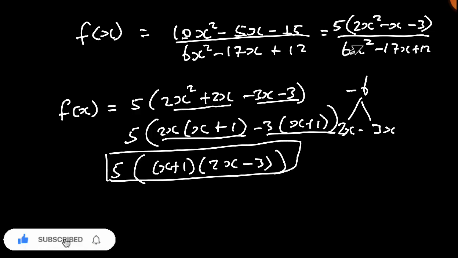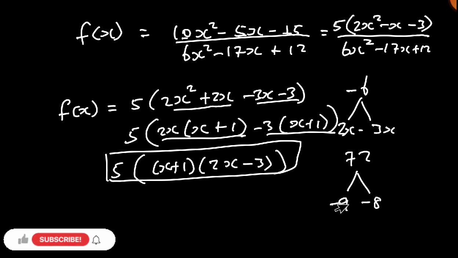So let's focus on the denominator, which is 6x squared minus 17x plus 12. So 6 times 12 is equal to 72. And then we're going to find two numbers that multiply to get 72 but add up to get -17. And those two numbers are -9 and -8.